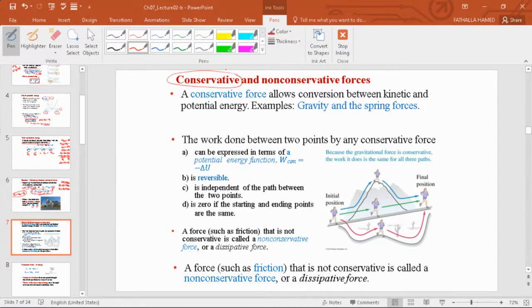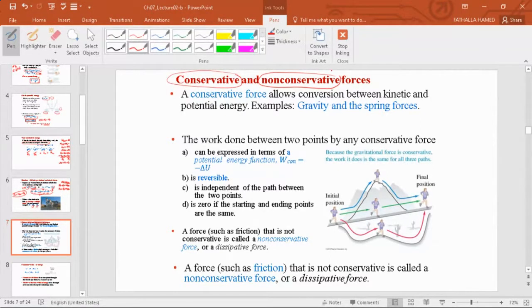If the kinetic increases, the potential decreases. If the potential decreases, the kinetic is going to increase. And that's how we do this. But then there is another type, which we call non-conservative forces, and these disturb this balance of the total mechanical energy of an object.